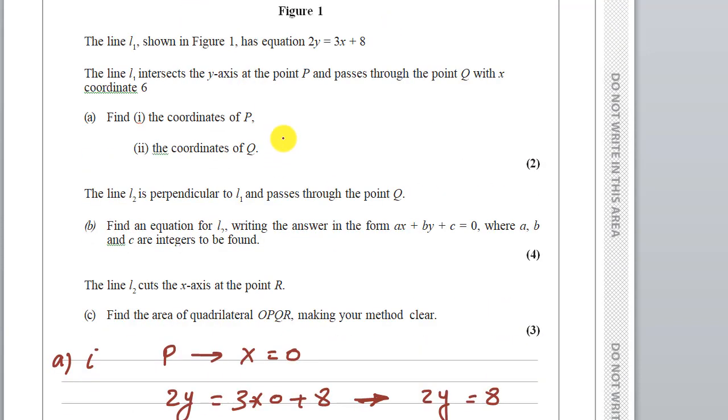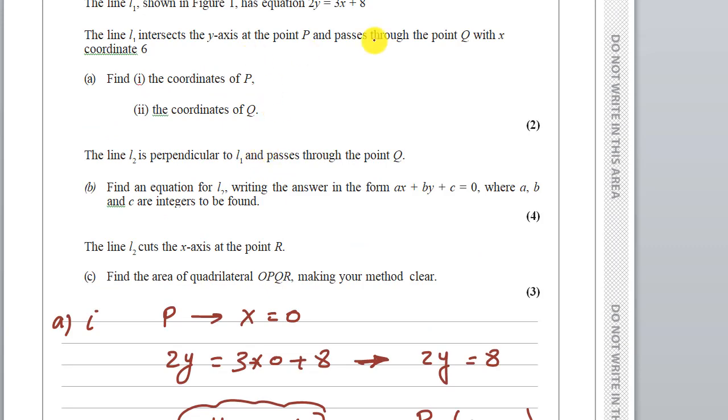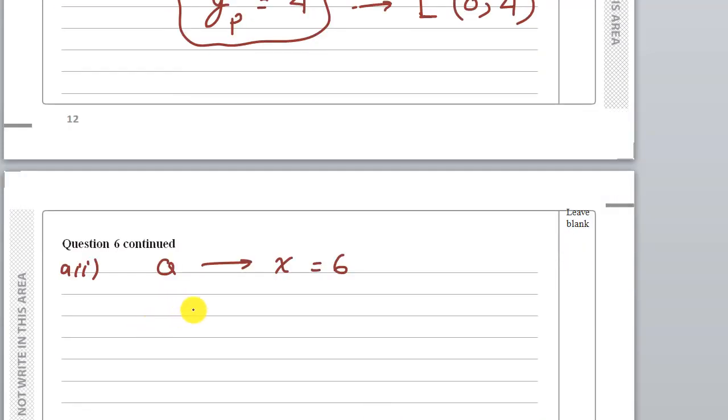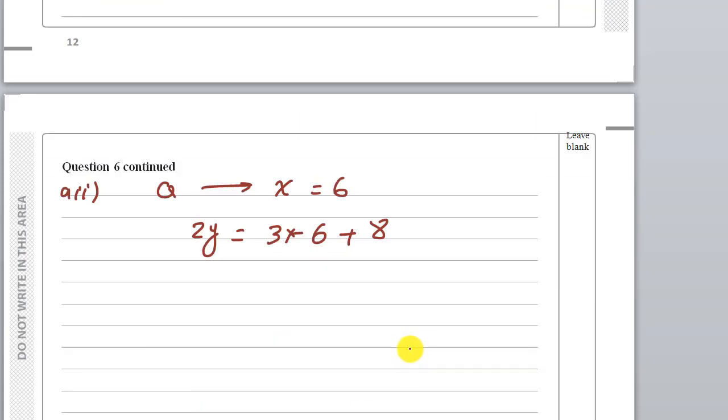Okay? Now find the coordinate of Q. For Q, he said that x is equal to 6. So 2y is equal to 3 multiplied by 6 plus 8.